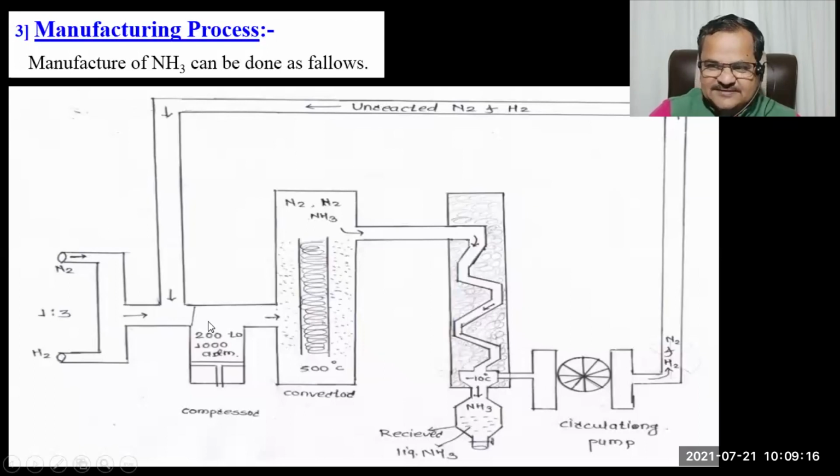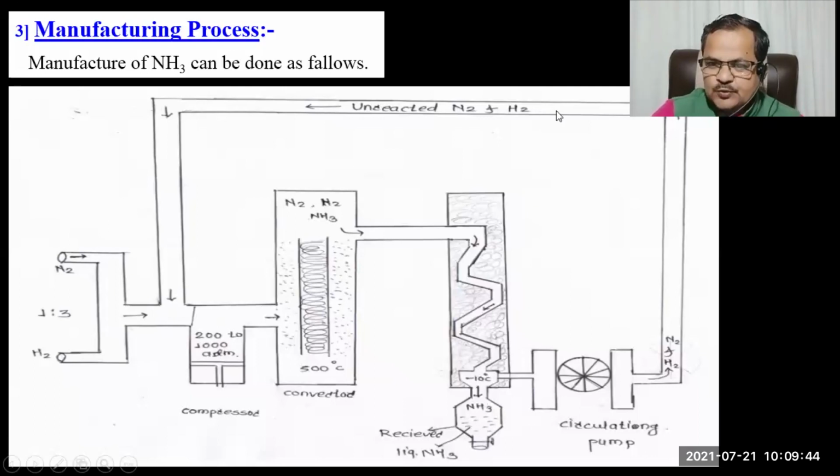So friends, in this way the N2 and H2 gases are compressed, heated, and brought into contact with the catalyst. They are again condensed, and here ammonia is separated, while the unreacted reactants are further circulated into the compressor.